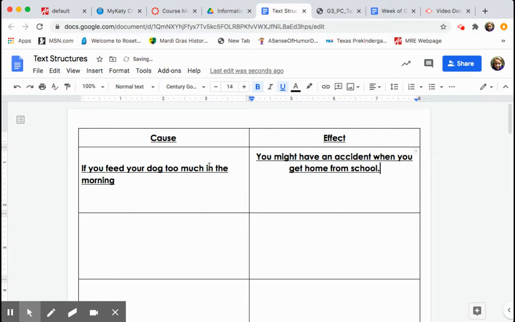And really, what I'm telling you is that your dog might not be able to handle eating so much in the day and then not being able to go outside during the day while you're at school.